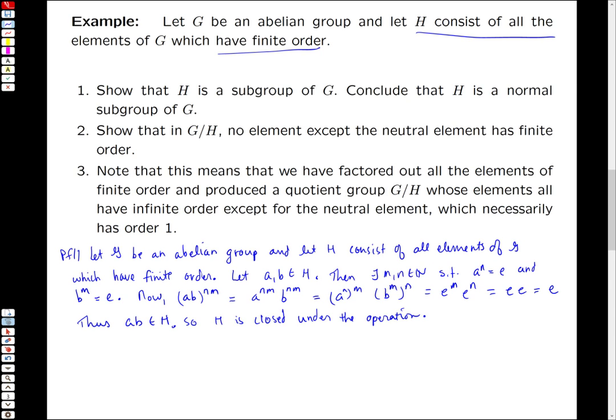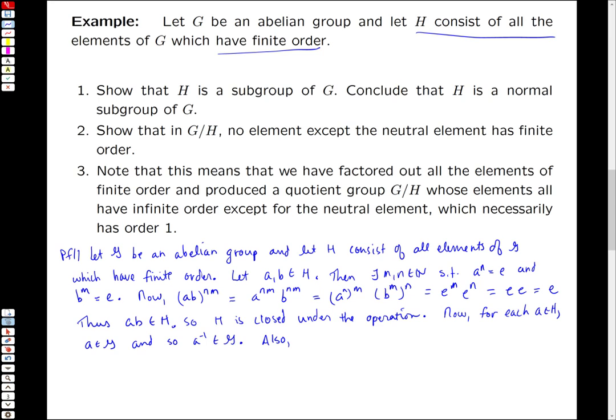Now, I need to show that it contains its inverses. I know if A is in H, A is in G. And so I know that A inverse is in G. Let's look at A inverse.